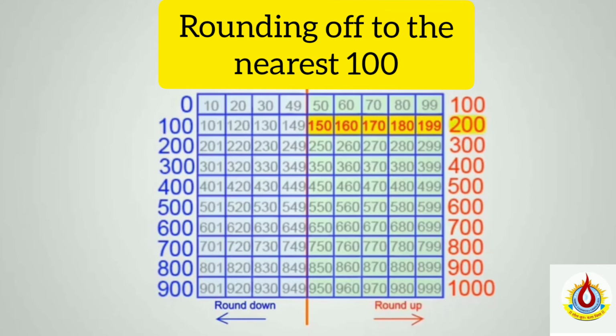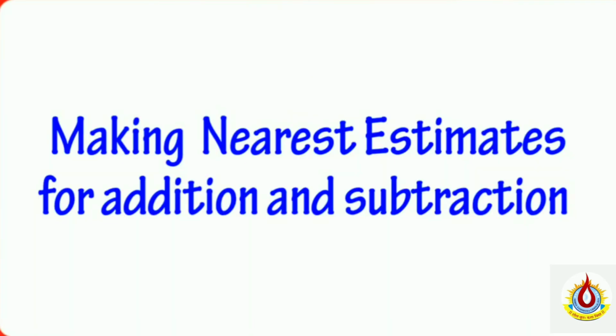Similarly, numbers from 201 to 249, we round down to 200. And 250 to 299, we round up to 300. Remember, round down if it is below the 50 mark and round up if it is above the 50 mark.